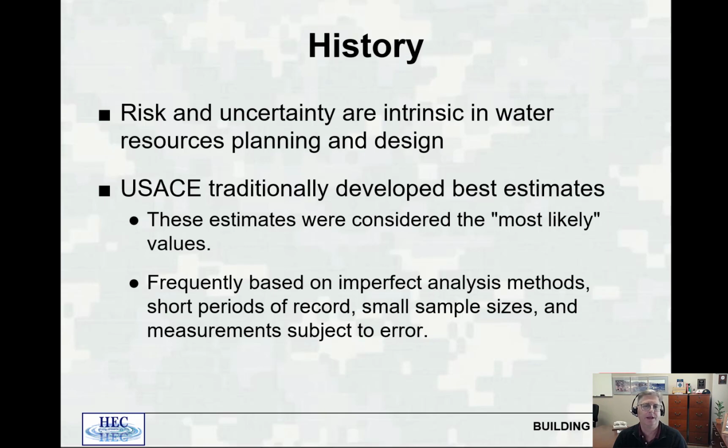First, imperfect analysis methods. We would like to think that the HEC products, the HEC pieces of software, are good analysis methods, but still they are mathematical approximations of the natural process, so they are in fact imperfect analysis methods. Secondly, short periods of record. What would you consider a long period of record? 20, 30 years maybe? You're lucky if you have 20 or 30 years, let alone 100 years. But even if you had 100 years of record, that's but a blip in what has happened over geological time.